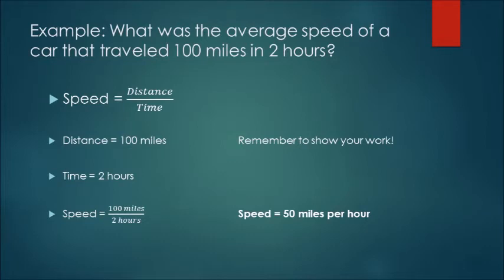If we plug those into our equation, we get that speed is equal to 100 miles over 2 hours. For our last step, we divide 100 miles by 2 hours. Finally, we end up with an average speed of 50 miles per hour for our entire trip.